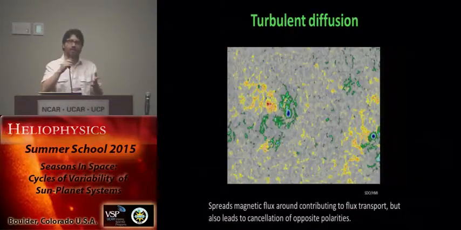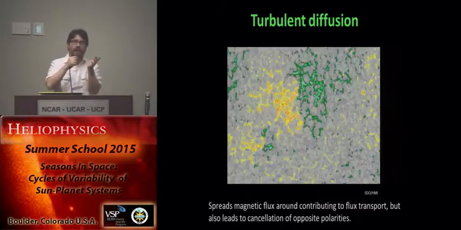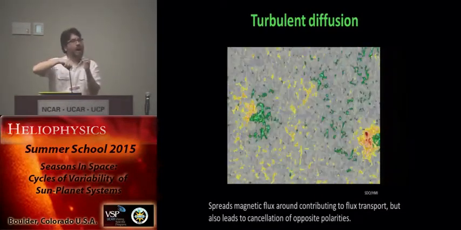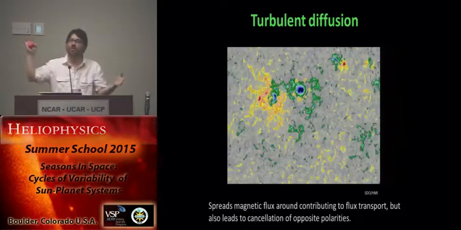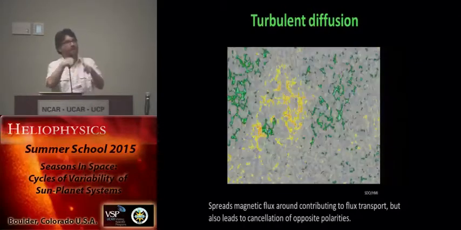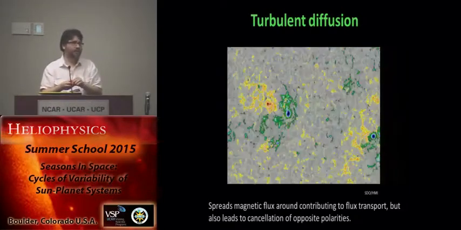So how do you connect the different layers in the convection zone? How strong is your pumping? How strong is your meridional flow? How strong is your diffusion? Because diffusion also transports things around. And the interplay of all those things sets your period.